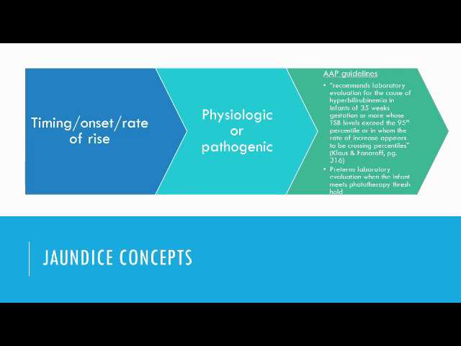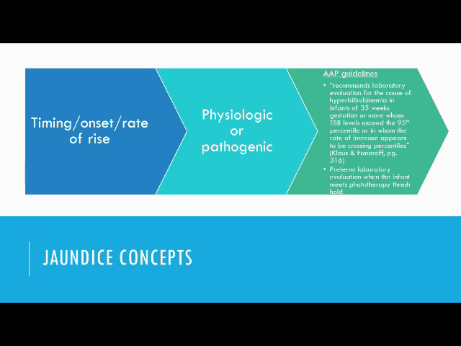You have to think about the onset and the rate of rise. So that's over a couple of days. What's the rate of rise? These are all features that are important in determining the cause of jaundice in your baby when you're first starting out with the baby and you're maybe not really sure what's going on other than the baby's jaundice.